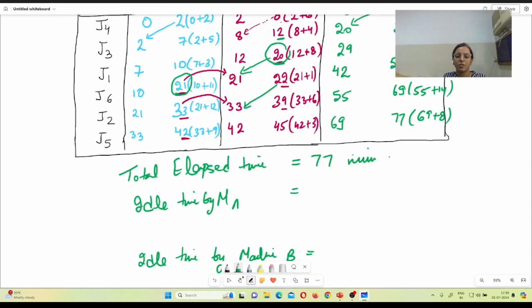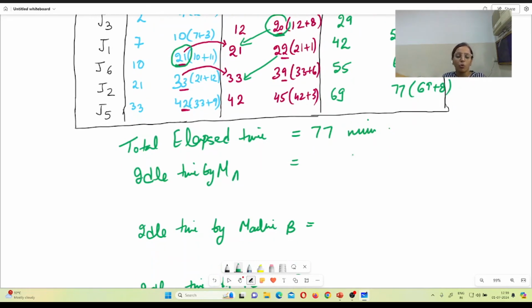So start the process with the idle time by machine B. The total elapsed time, yes, it is definitely 77. But machine B has completed their whole work till 45, so they have to wait after that. Till 45 minutes they have done the work, but the total time is 77.